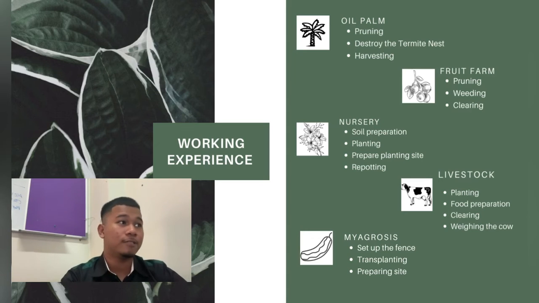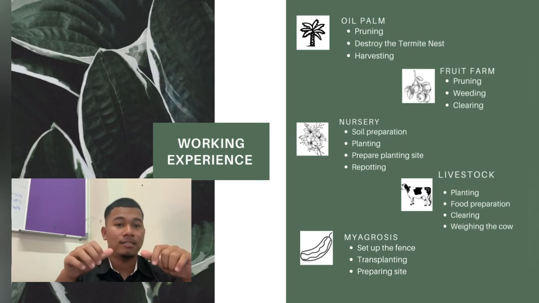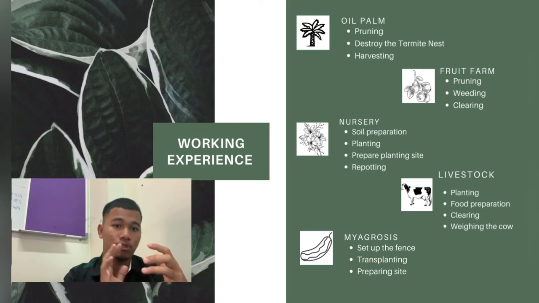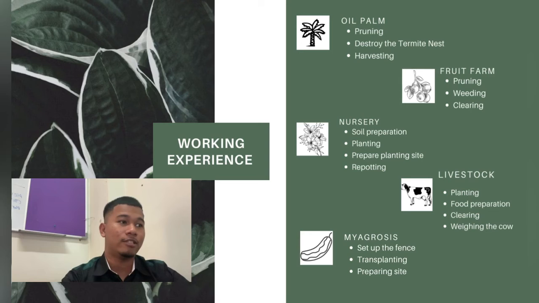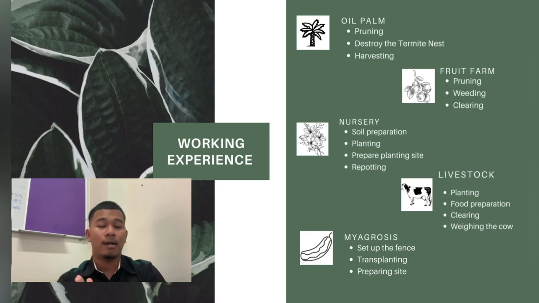The procedure: we cut the wire and then we lay the fence on the wood that we smashed with the hammer, and we tie it up by using a wire. The costing for this activity is the same as at the fruit farm.